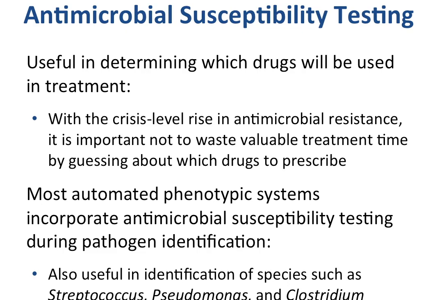So we can use this test to detect the antibiotic resistance of the bacteria. If we find the bacteria has high resistance to certain antibiotics, that will give us the clue to choose which antibiotics to treat that microorganism, right?